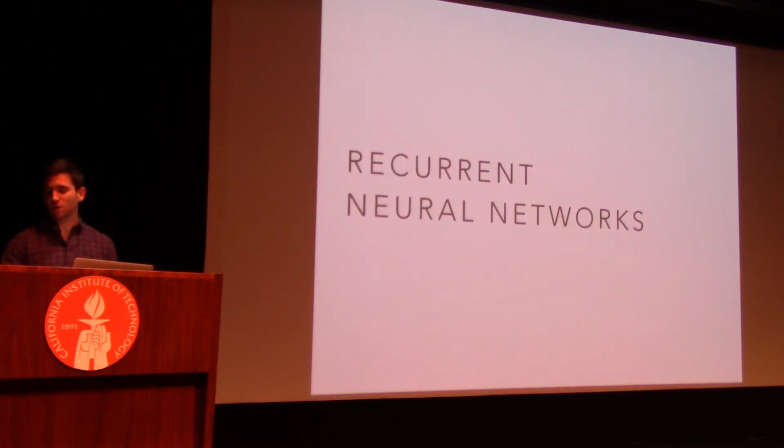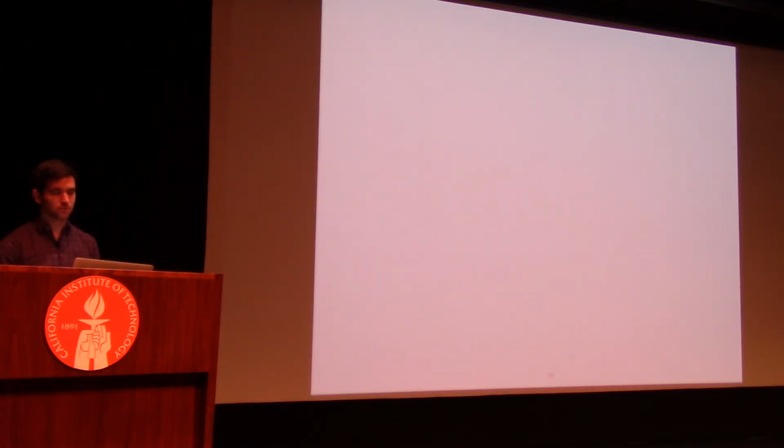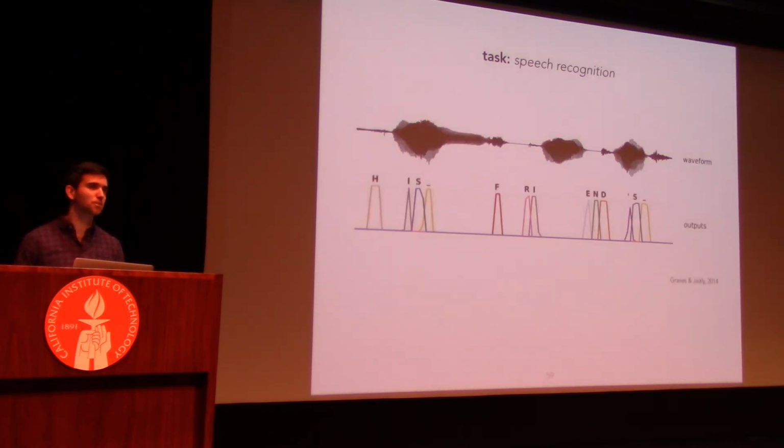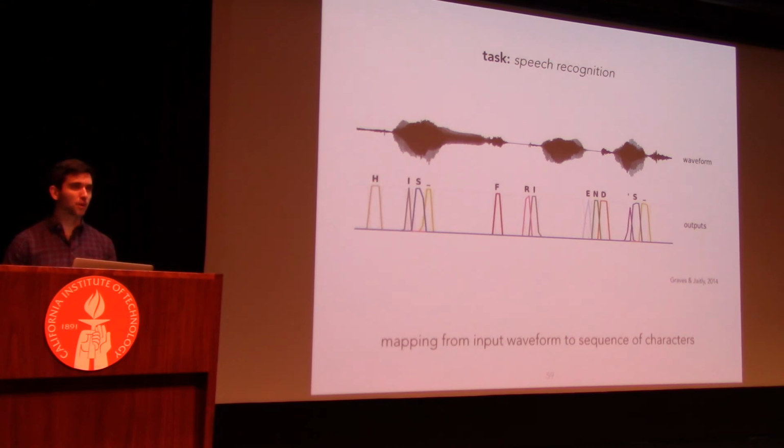So now let's talk about recurrent neural networks. The task that we care about now is, for instance, something like speech recognition. If I have some input waveform that comes in, and I want to say, these are the characters that are being spoken right now, then how would I go about doing it? I want to map the input waveform to some sequence of characters and recognize the speech.